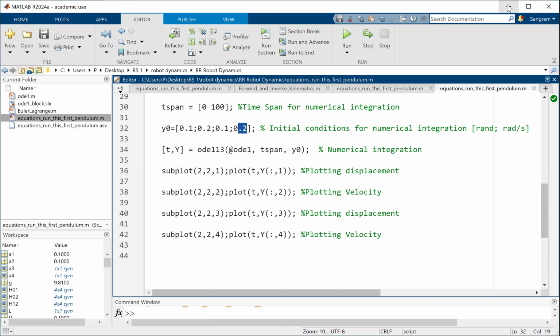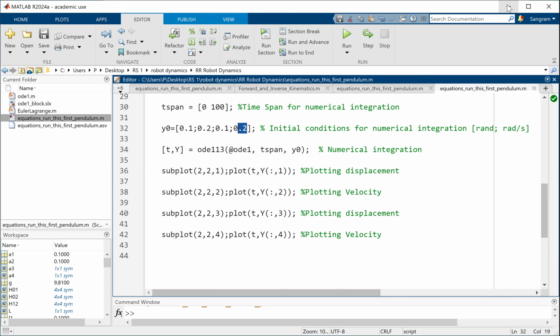Once again, we have to set up the coordinate frame, coordinate system, and then basically perform the forward kinematics, find out the end effector position.